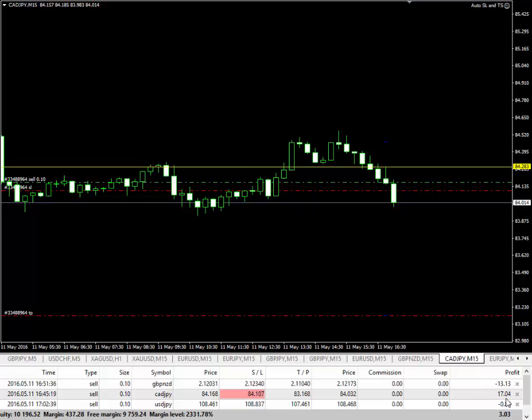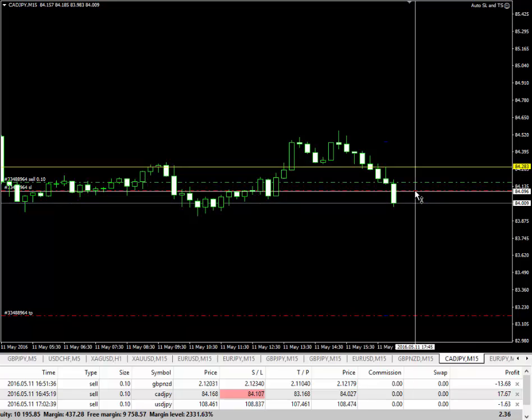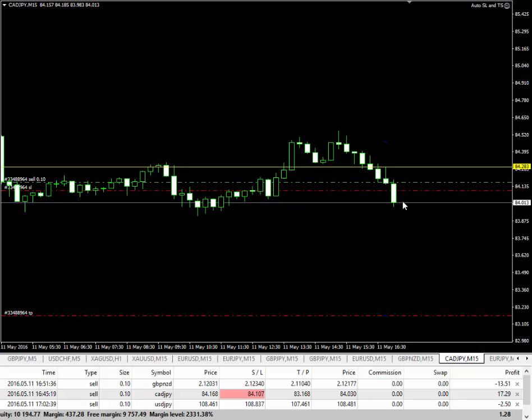Now you are in a profit of $17.4, nearly 15-16 pips, and as the market comes down, the trailing stop will keep coming behind it. If the market reverses and goes back, there's no problem because you will make money on it no matter what.